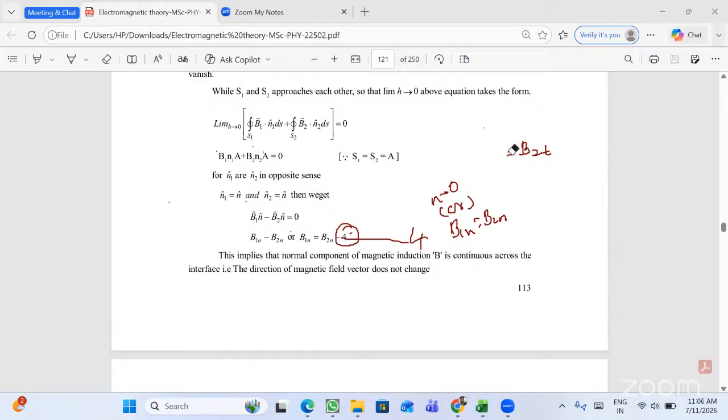So this is the boundary condition for the magnetic induction B. As in the previous one, the electric displacement vector boundary condition is not continuous, because there we got D1n minus D2n equal to some sigma value, but here we have B1n equal to B2n.